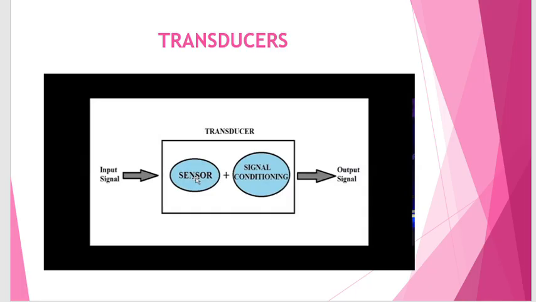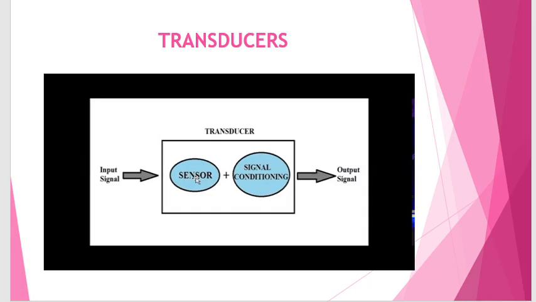Let us see what are the main components included in the transducer. So a transducer comprises a sensor unit and a signal conditioning unit. The combination of the sensor and the signal conditioning unit implies a transducer. It is very clear now.